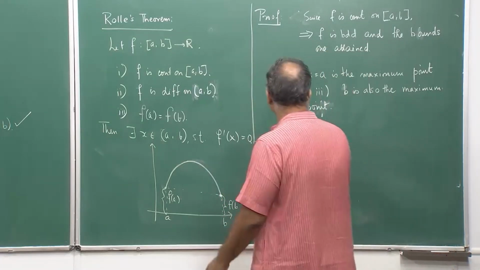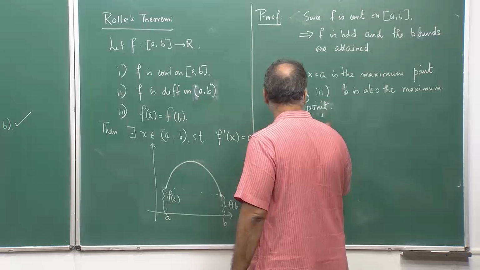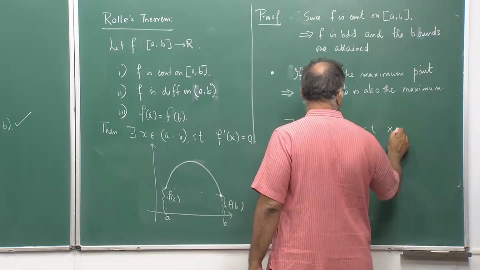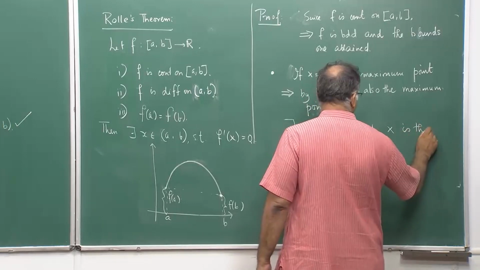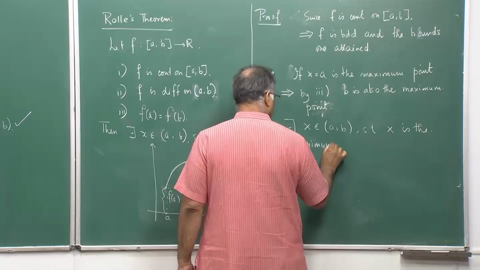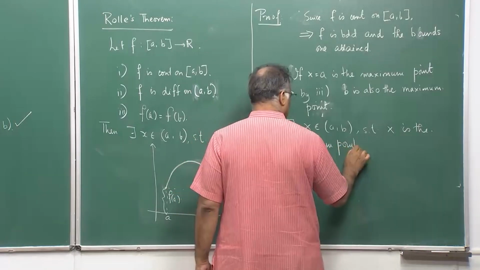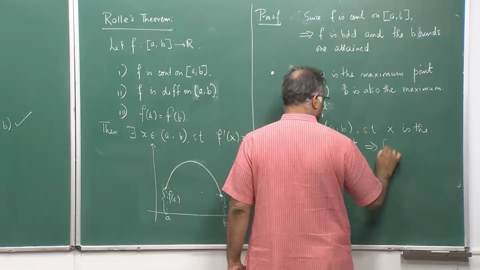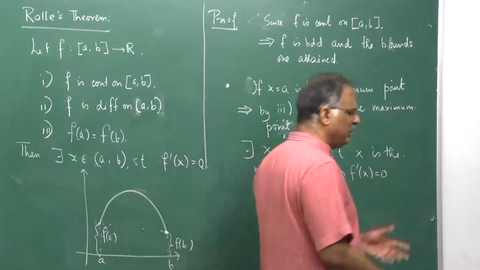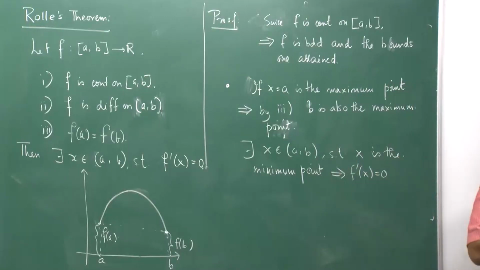Which implies there exists x in (a, b) such that x is the minimum point, and this implies that f dash x equal to 0. Of course, if both the minimum and maximum lie in the interior, in the open interval (a, b), then anyway f dash x equal to 0.